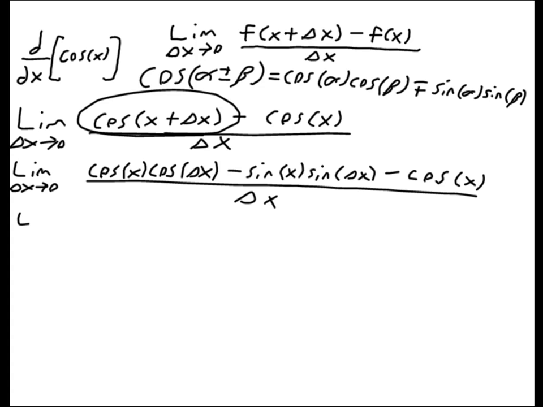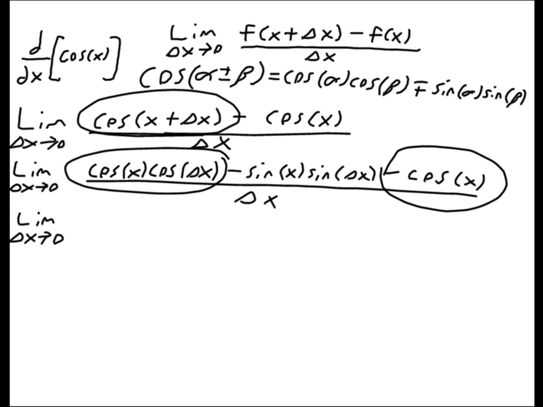Next, let's group some terms together, and hopefully you'll begin to see the proof taking shape. So we'll group our first term here with our final term out here. We'll get the cosine of x times the cosine of delta x minus the cosine of x all over delta x.